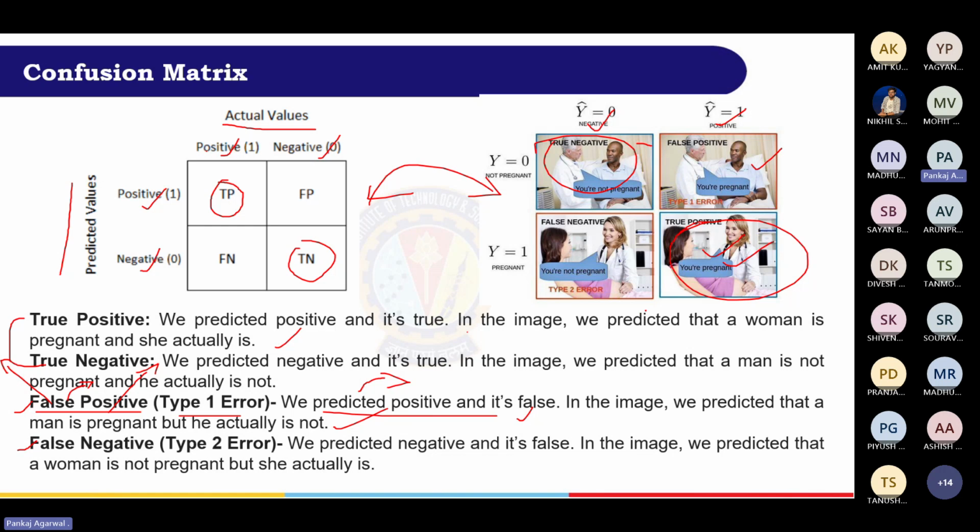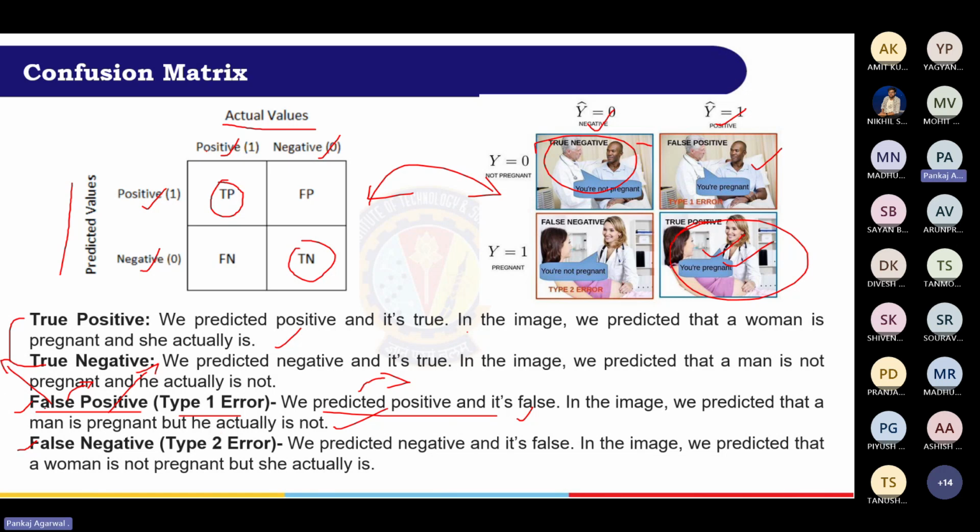So the prediction can be positive and one time the prediction can be negative. That's how the two errors would be distinguished.